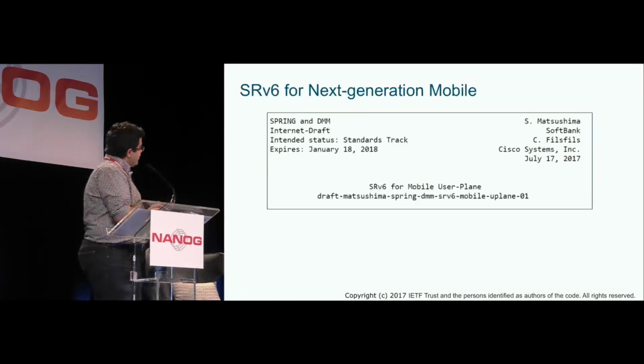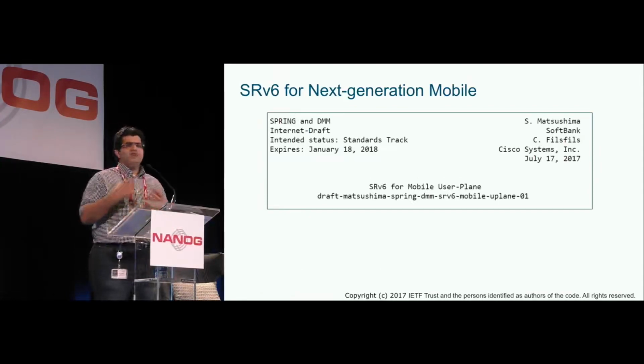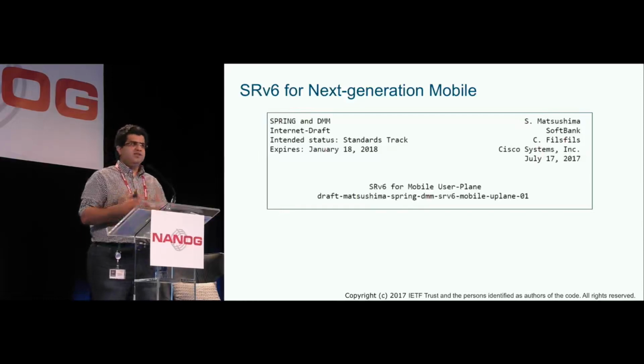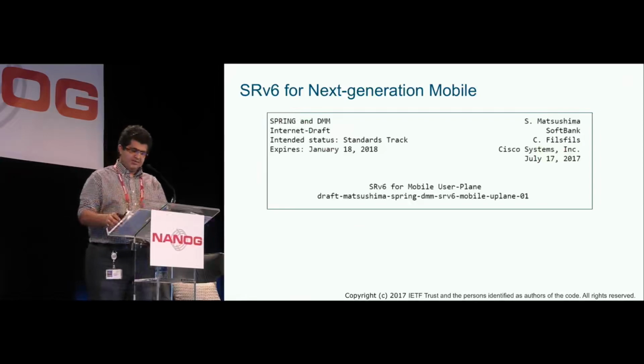One of the latest documents which we have published is the applicability of segment routing for the mobile network. We have done this with Satoru from SoftBank, and we published this document only recently in June in IETF. This is the 5th document for segment routing v6, in our commitment to standardize everything which we are developing internally, and we are trying to share that knowledge with the larger community and build a multi-vendor consensus.